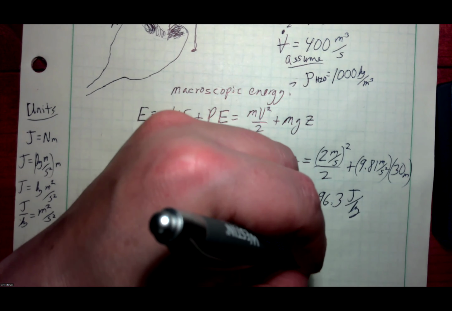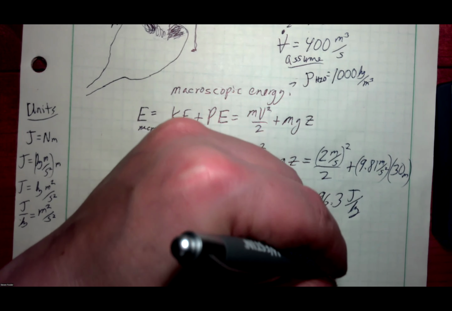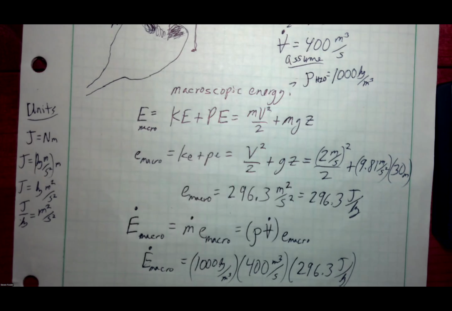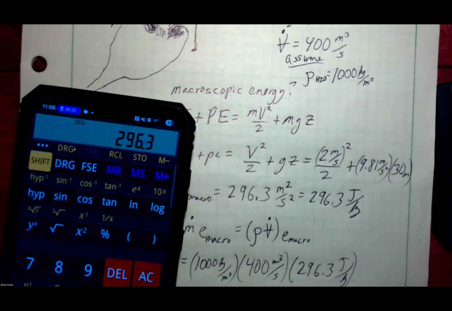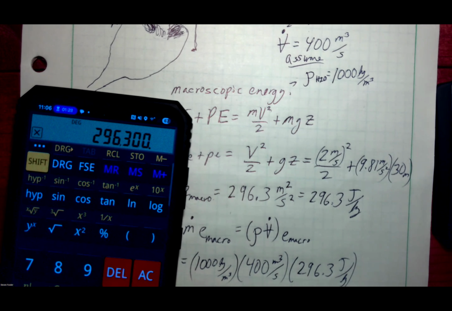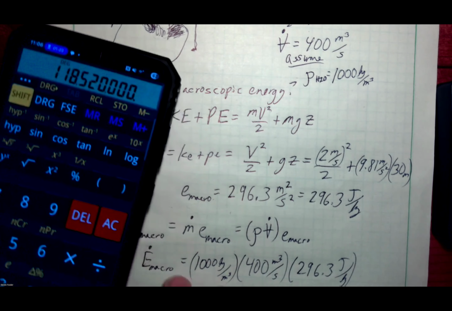Multiplied by this 296.3 joules per kilogram that I calculated a second ago and made sure the units work out like a good engineer. All right, let's back up here so we can see what I'm doing. 296.3 times 1,000 times 400, and we get a really big number. And that's okay. Sometimes we get a big number.